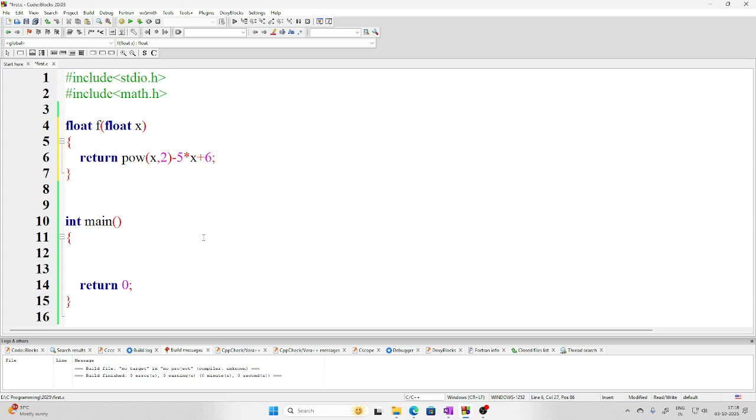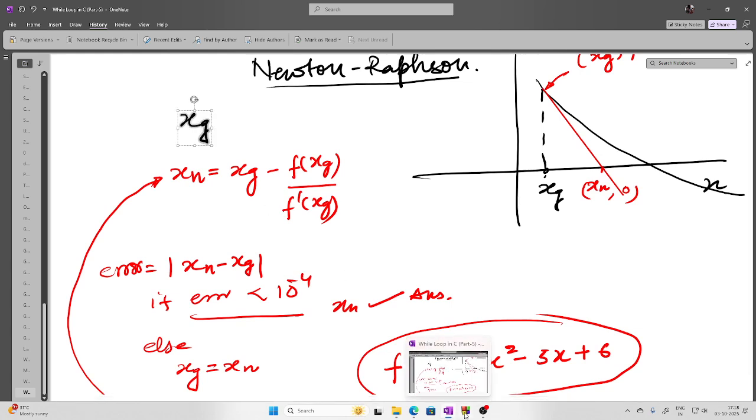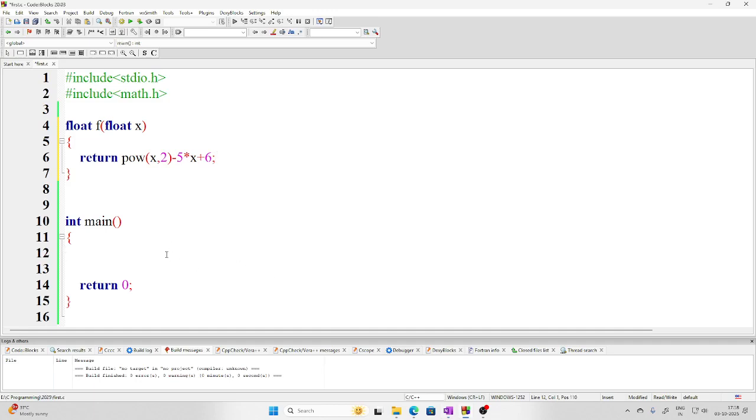Now let's say I am interested in the roots. The procedure says you first have this guess. So let us start with it. Let's declare float x guess as, let's say, the starting value I am taking as 0.